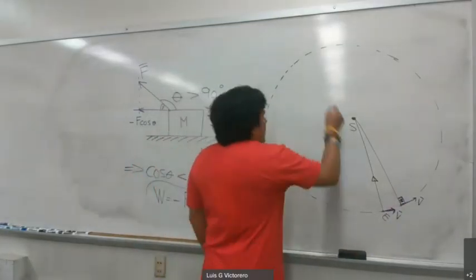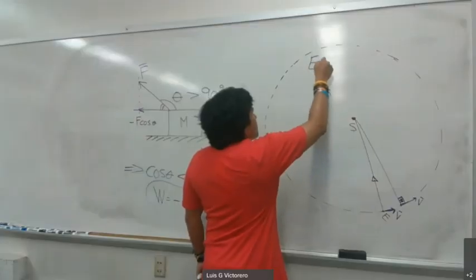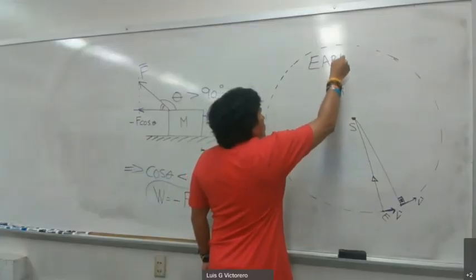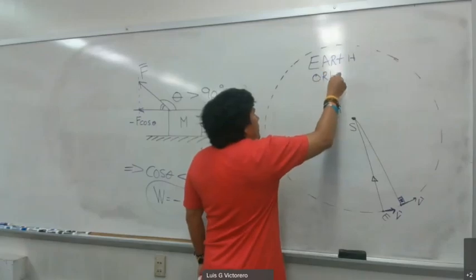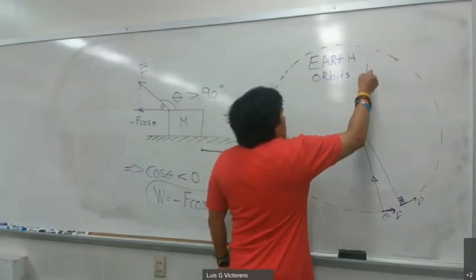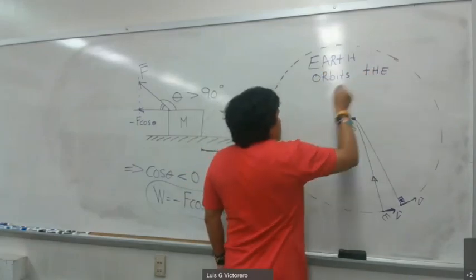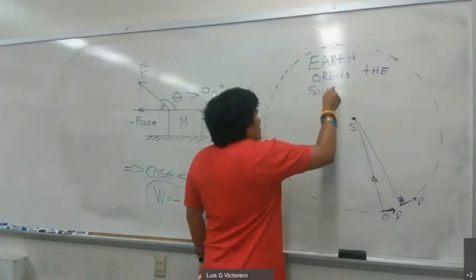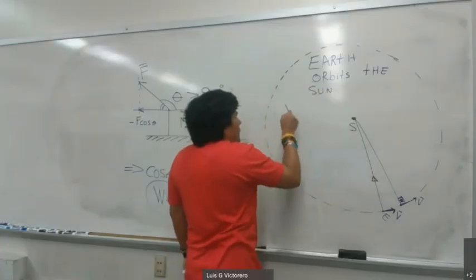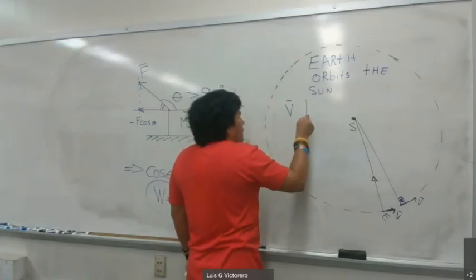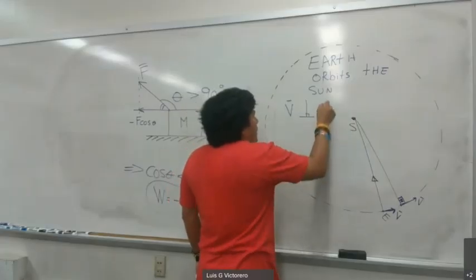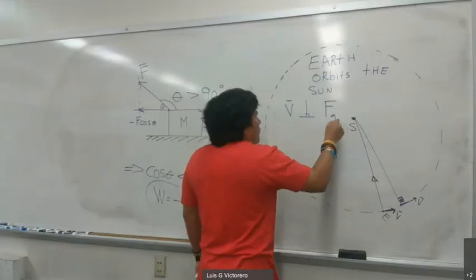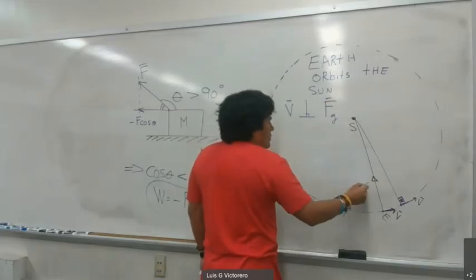So you can say that the Earth orbits the sun with its velocity perpendicular to the gravitational force, which is this.